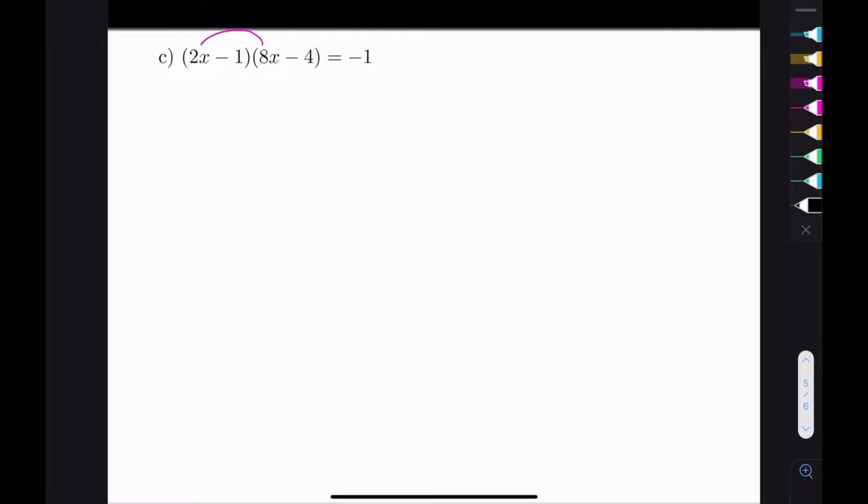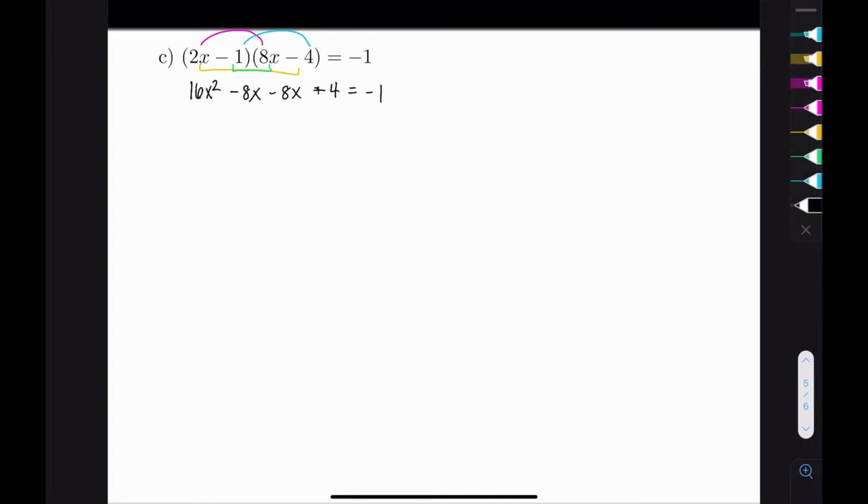We have 2x times 8x, that gives us 16x squared. The outer term is 2x times negative 4, so negative 8x. The inner, negative 1 times negative 8, gives us negative 8x. And then the last, negative 1 times negative 4, gives us a positive 4.